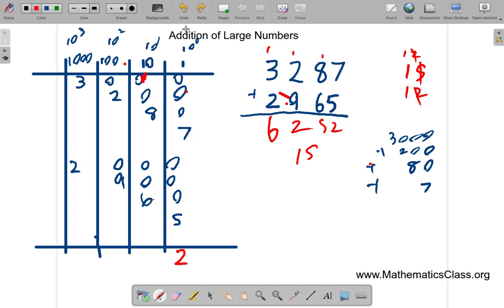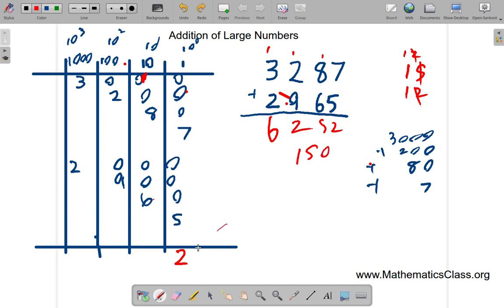But you ignore the tens part and just say 6 plus 8 plus 1, because we're in the tens column.